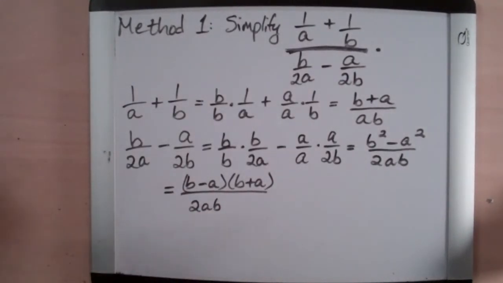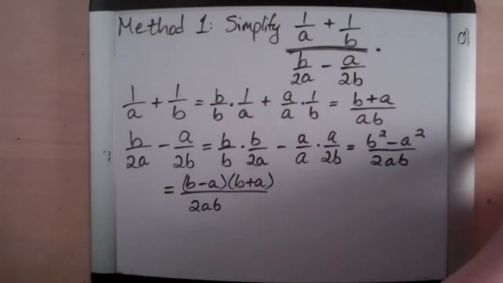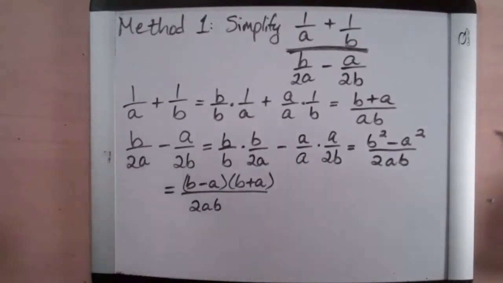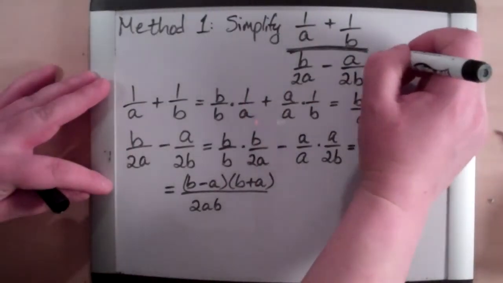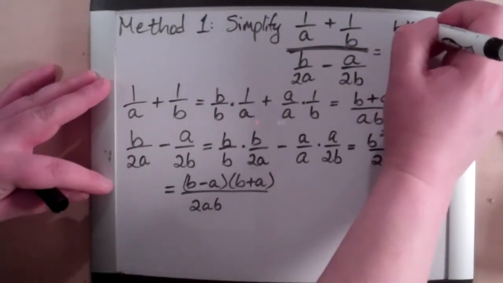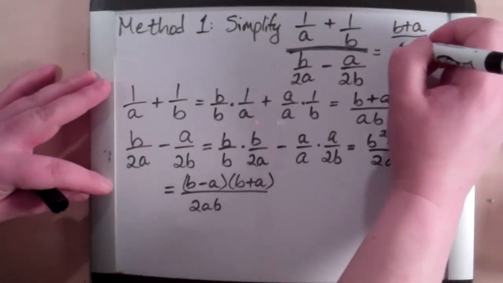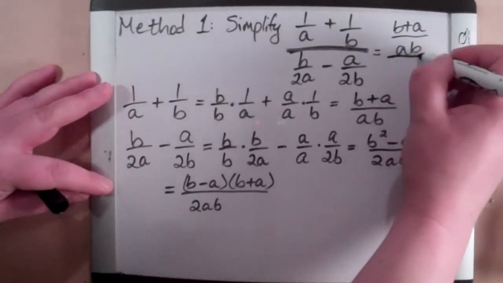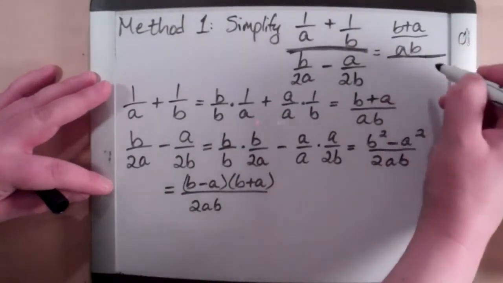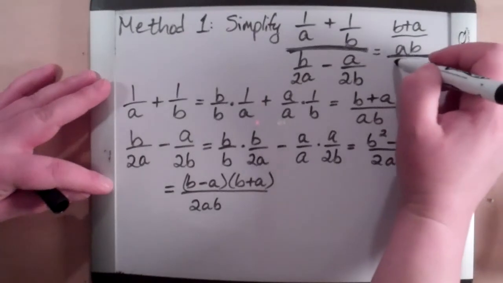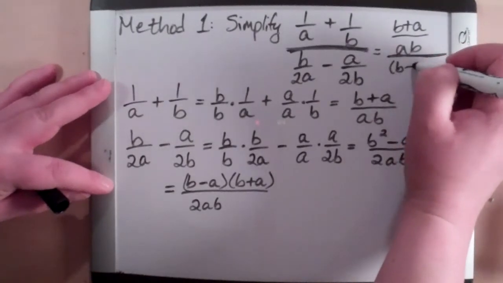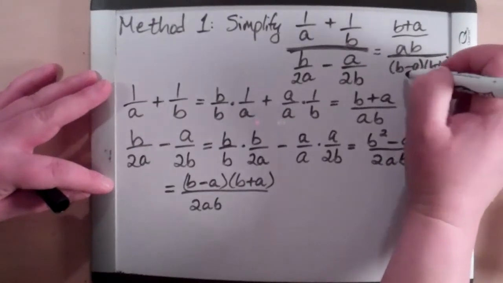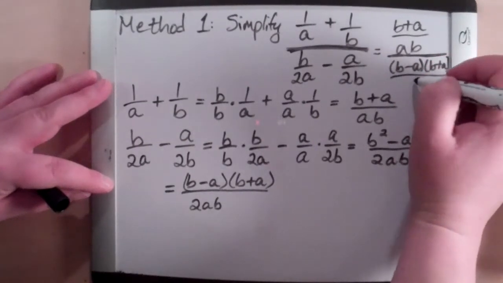Now when I replace these in the original expression, to save space, I'm going to put them in up here. I'm going to have b plus a over ab for the first one. There's my heavy dividing line. In the denominator, I'll have b minus a, b plus a, all divided by 2ab.